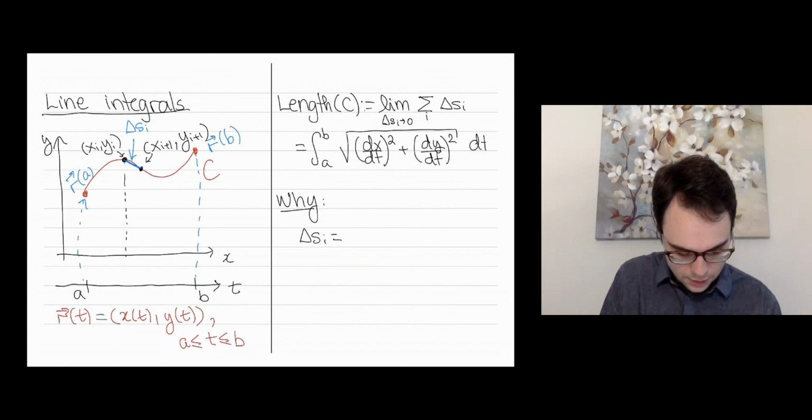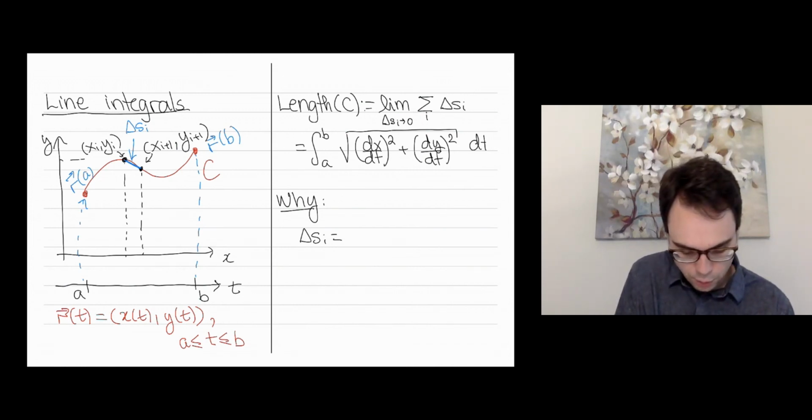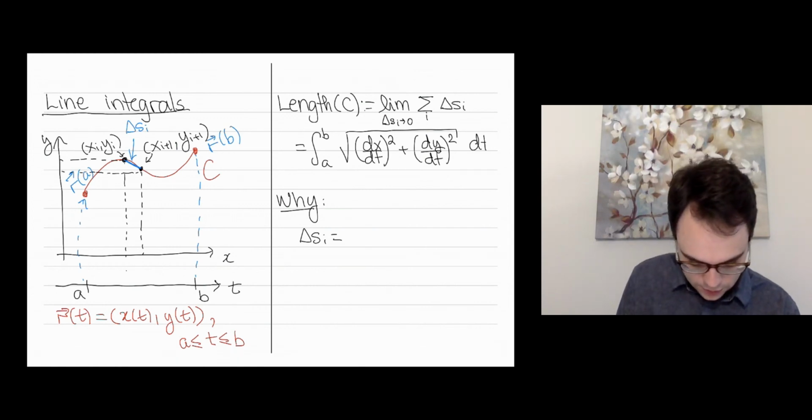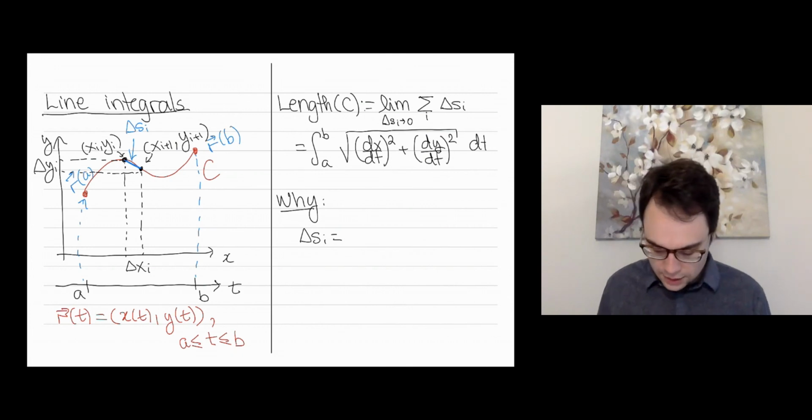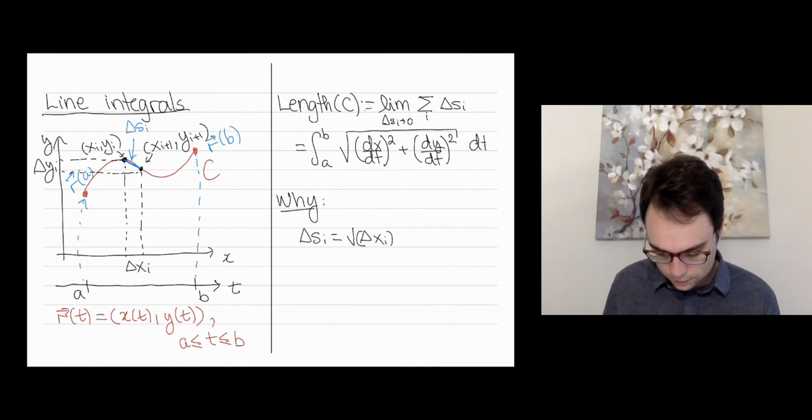So let me just look at the difference of the x coordinates of the 2 points. This distance, let me call it delta xi, and let me call the difference in the heights of the 2 points delta yi. Then delta Si by Pythagoras' theorem is just equal to the square root of delta xi squared plus delta yi squared.